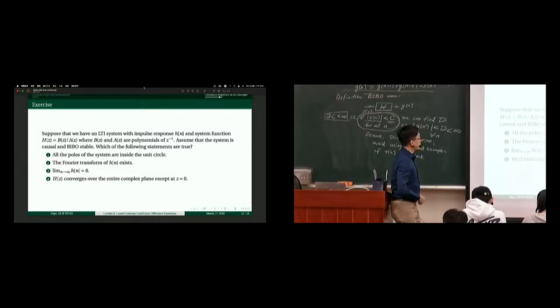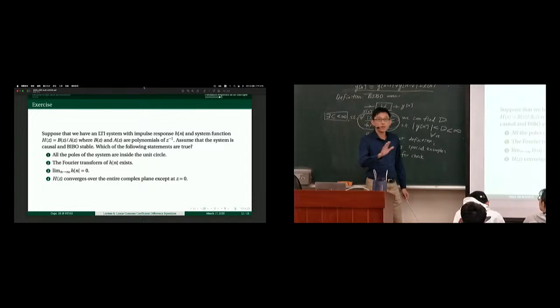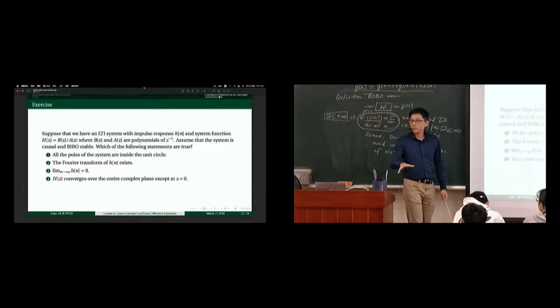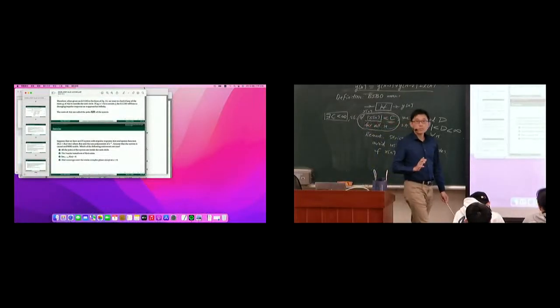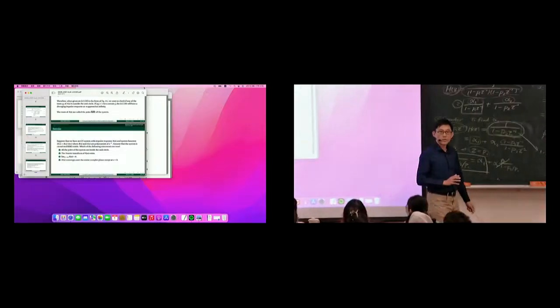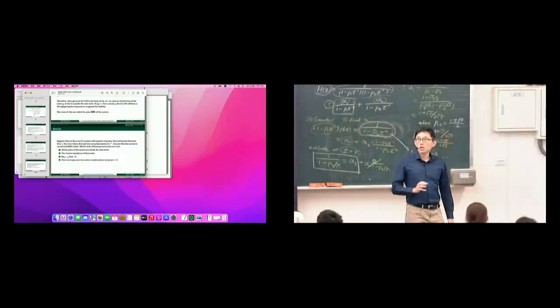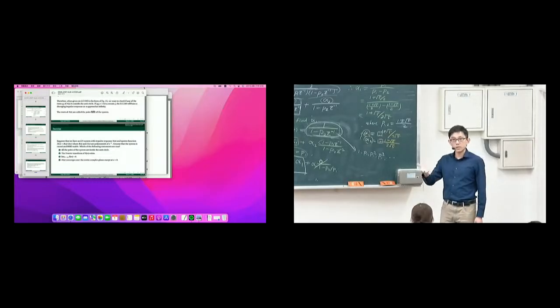Oh, by the way, before I do that, let me mention the midterm. I forgot to do that. So about the midterm, you are allowed to bring a cheat sheet, A4 double-sided, handwritten. Please don't print it out.